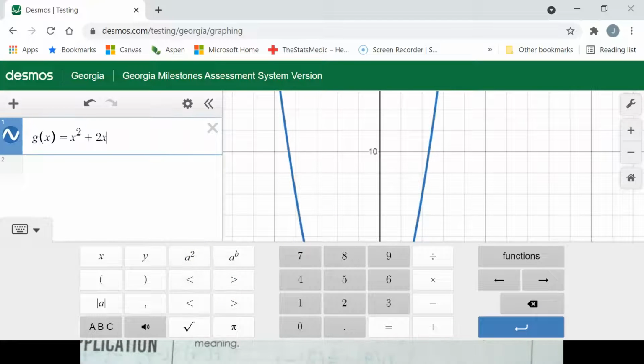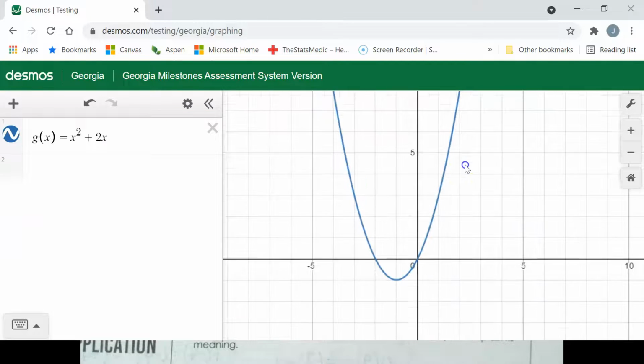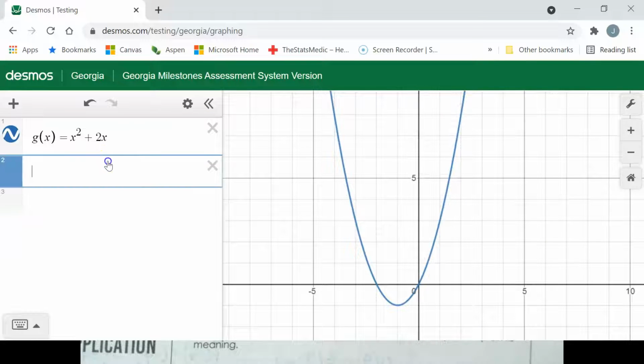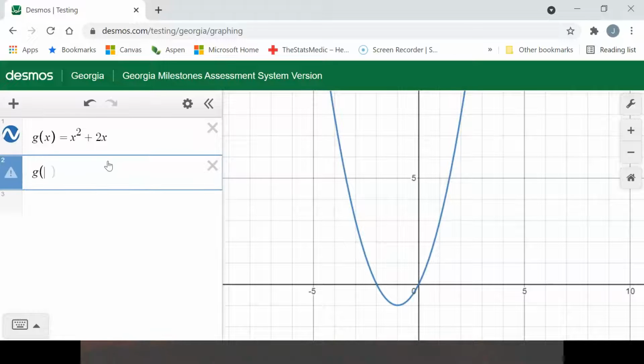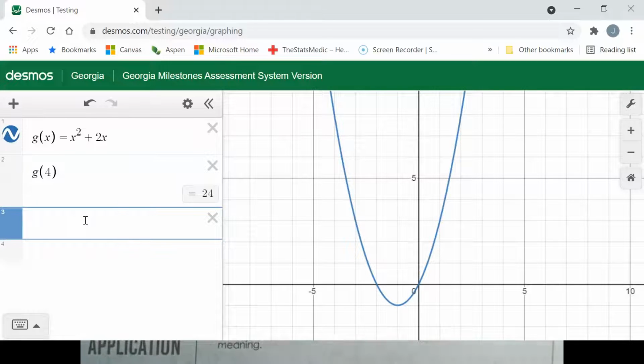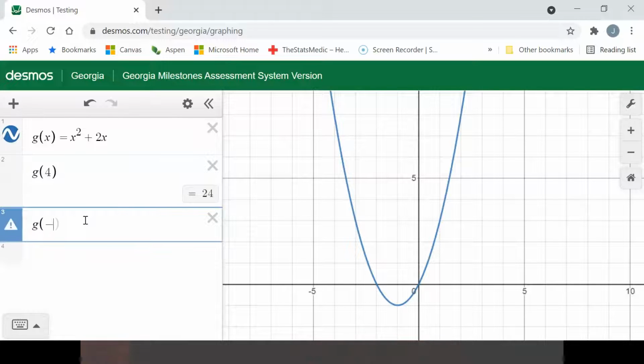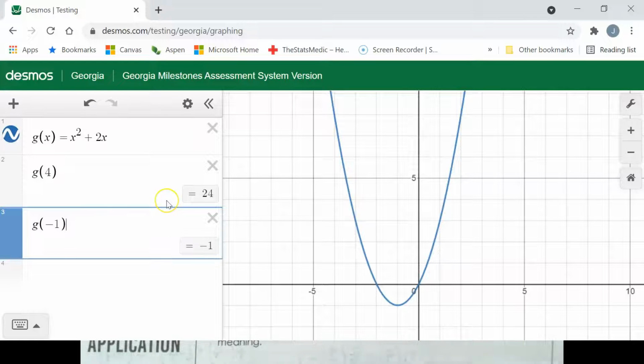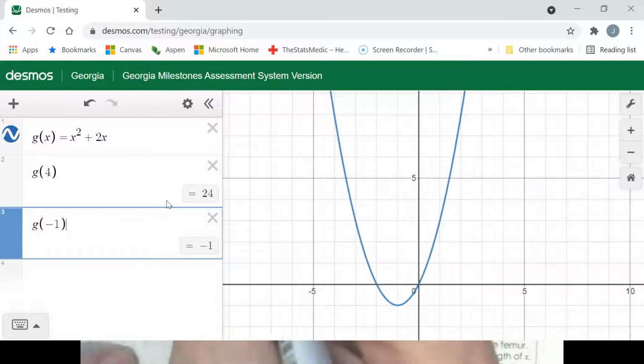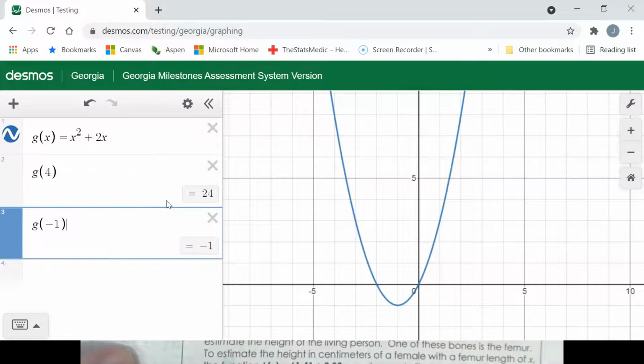Okay, so that gave us this parabola. But really we just want to know what the 2 points are. So we want to know what g of 4 is, and we also want to know what g of negative 1 is. So that gives us both our answers. G of 4 is 24, and g of negative 1 is negative 1.